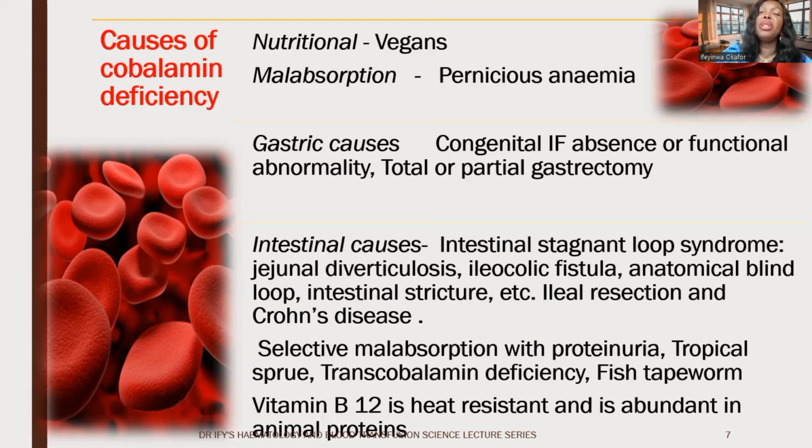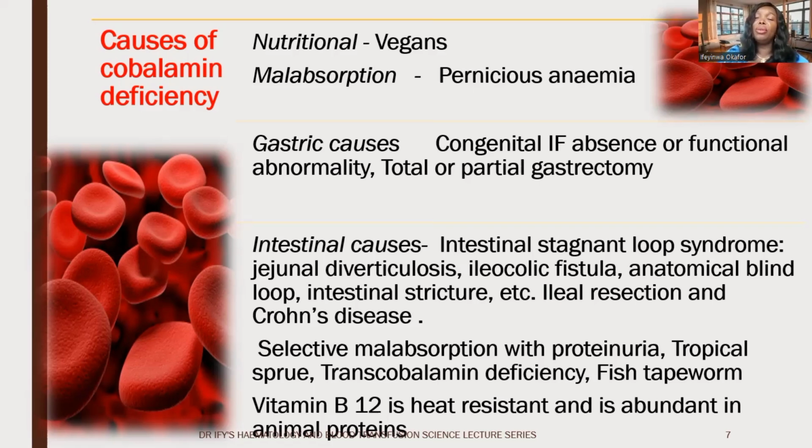So the presence of pernicious anemia in extension can also lead to megaloblastic anemia. So malabsorption as a result of pernicious anemia, that is absence of intrinsic factor, can cause megaloblastic anemia. Then congenital intrinsic factor absence or functional abnormality of intrinsic factor due to total or partial gastrectomy can also induce cobalamin deficiency.